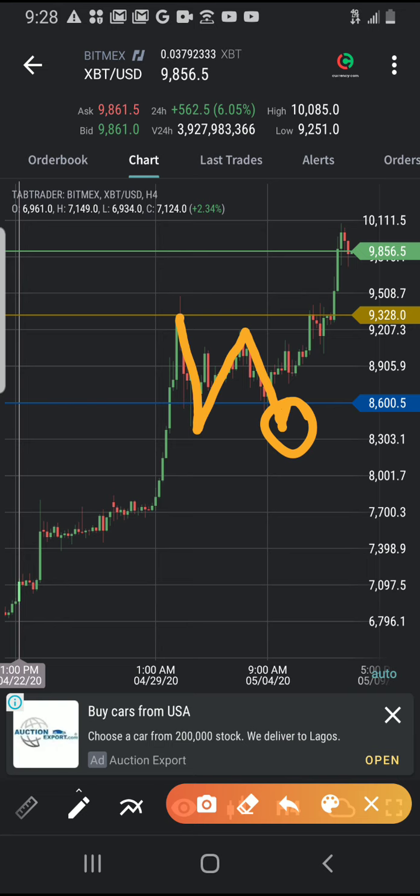Maybe you bought here, maybe you bought this first one, maybe you bought here and you sold here, and it came down to the support again, then you bought at this place. Now what happened here is a W shape, 1, 2.